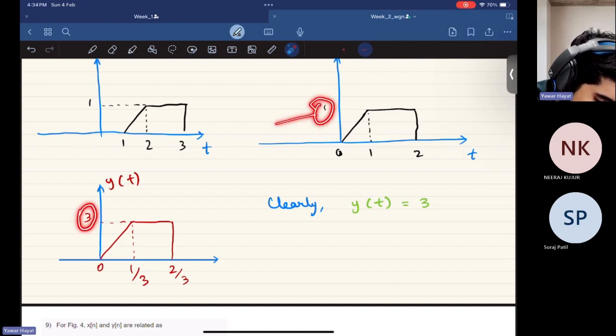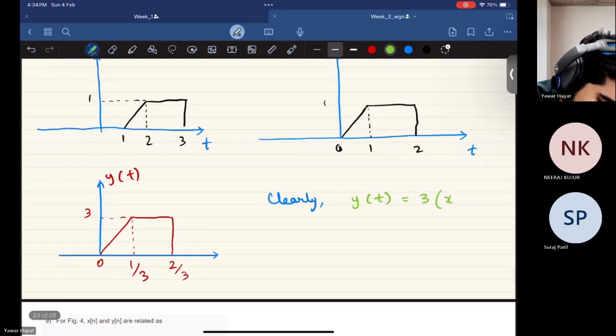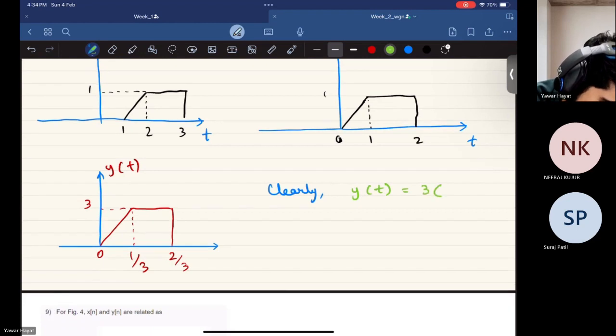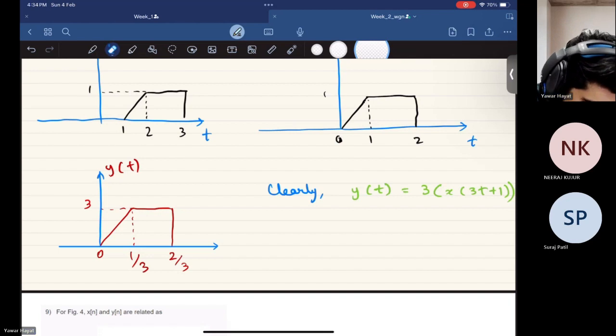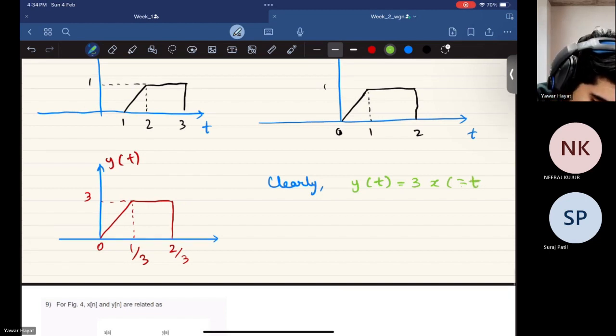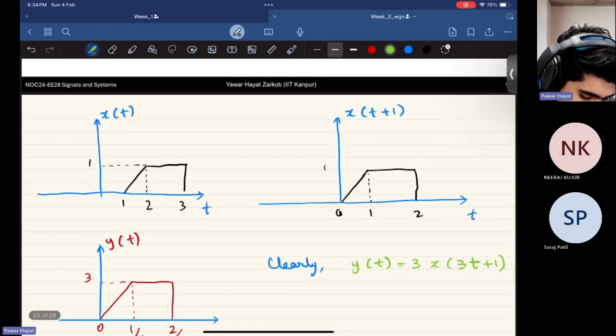Because it was 1, we scaled it to 3, x of 3t plus 1. Is it clear? 3 times x of 3t plus 1.